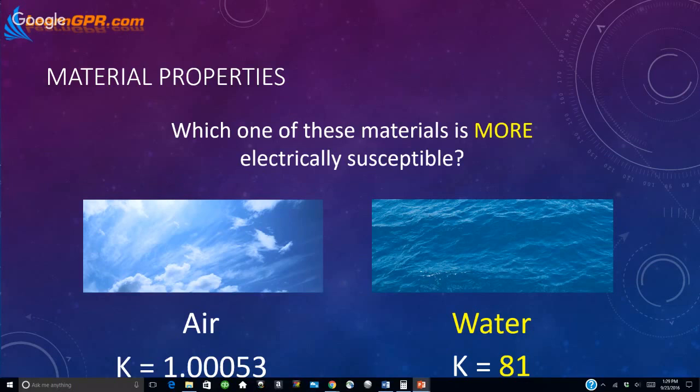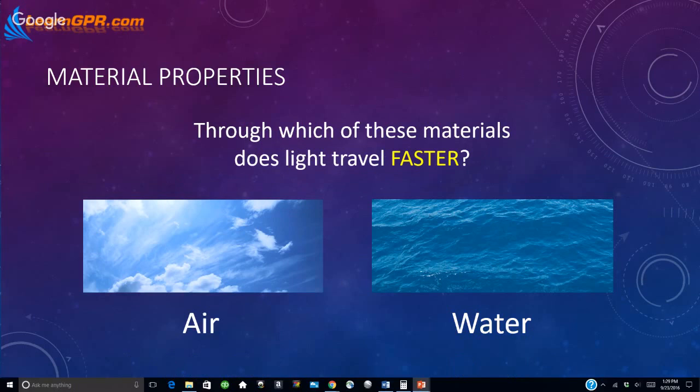So what are the speeds of these two materials? Which material does light travel through faster? Now, GPR does not emit light energy, but light is an electromagnetic wave, and GPR emits electromagnetic radio waves. But in this case, which one does light travel through faster?